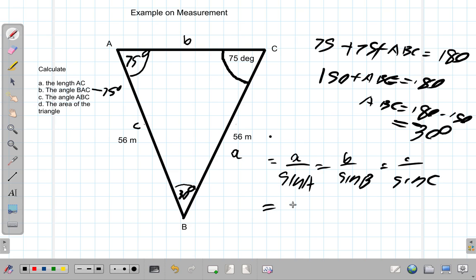So a, 56 over the sine of 75, equals b over the sine of 30. We don't need to go any further. We can calculate this part. 56 divided by sine 75, what is it?